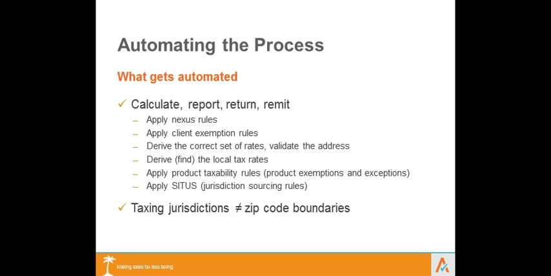Here's another question. Can nexus be created by a salesperson simply visiting a potential customer in a state? I'd say potentially it could. I've met people that work for Amazon.com, and the amount of spotlight on Amazon as it relates to sales tax with states like Illinois is pretty amazing. I've heard that Amazon has sent out internal letters to their employees that when they're on a flight, first off, they're forbidden from attending business meetings on site with a customer in Illinois.